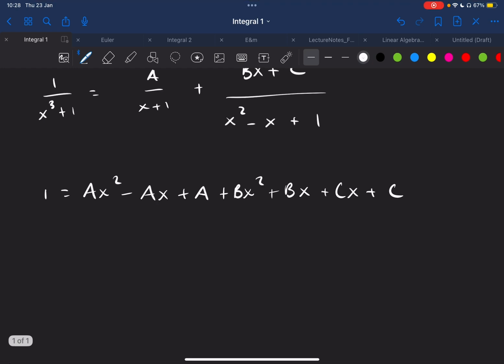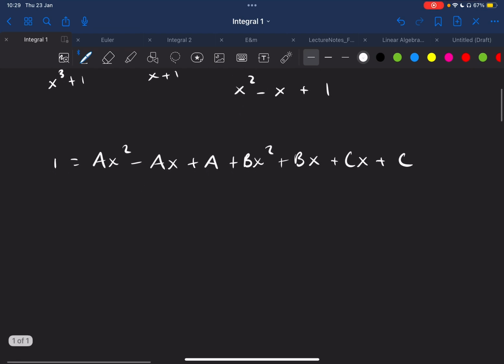And we're going to set up a system of linear equations to solve for a, b, and c. So looking at the coefficients of x squared, we see there's 0 on the left hand side, and there's just an a and b over here. And this then implies that a is equal to negative b.